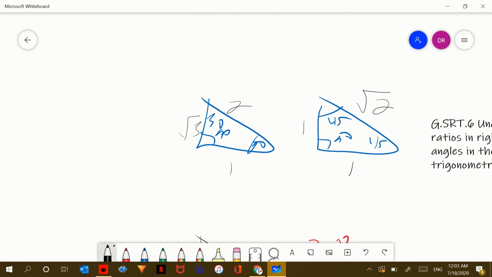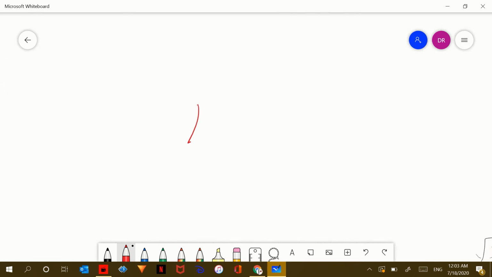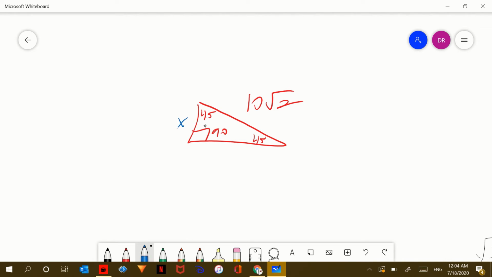Okay. Let's do a few problems. Let's say we have this triangle, so 90, 45, 45, and let's say this side is 10 square root of 2. How would we find x and y? Again, we know that there's a ratio, 45, 45, so it's 1, 1, square root of 2.